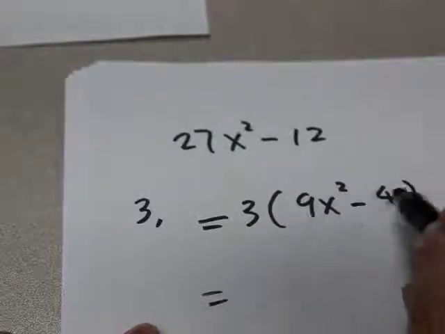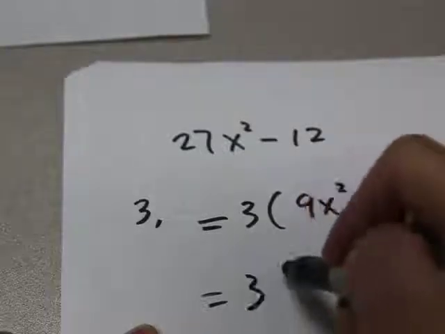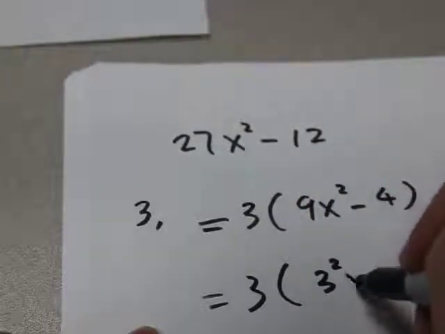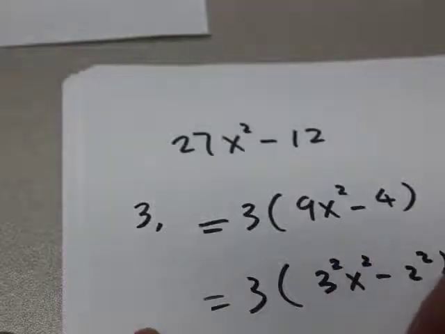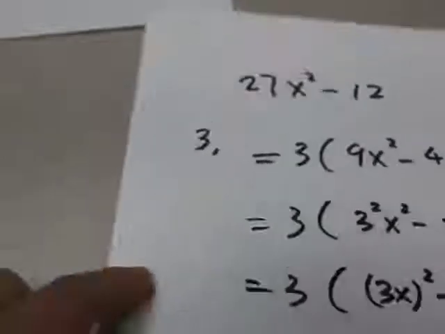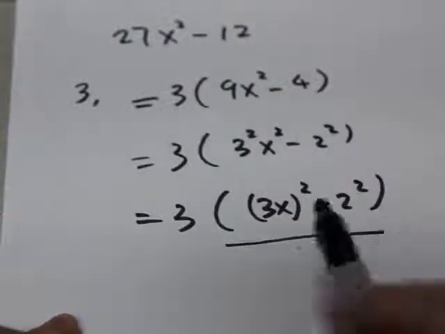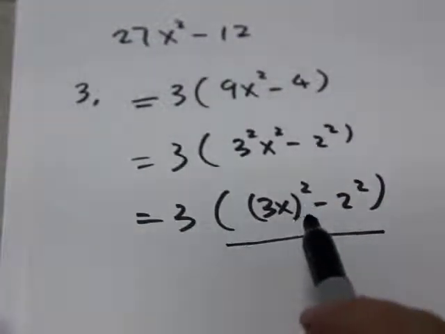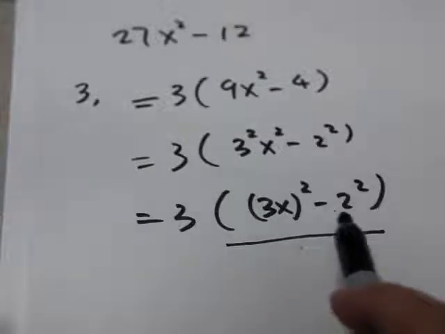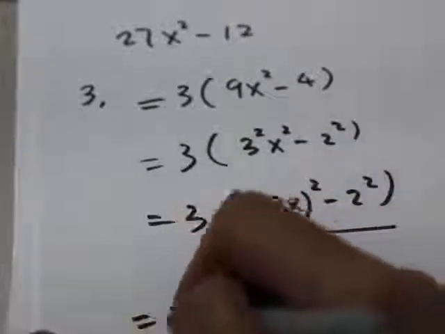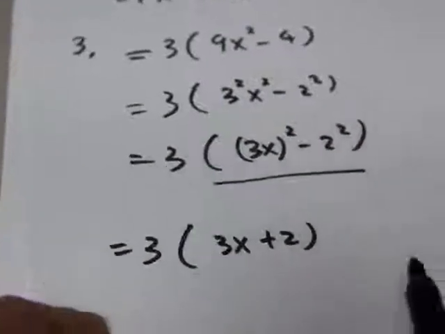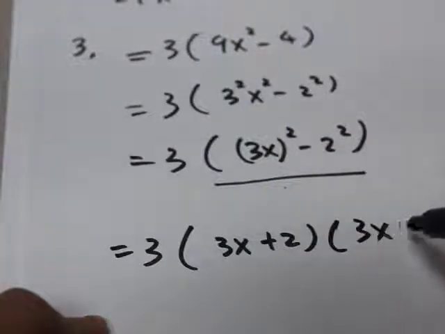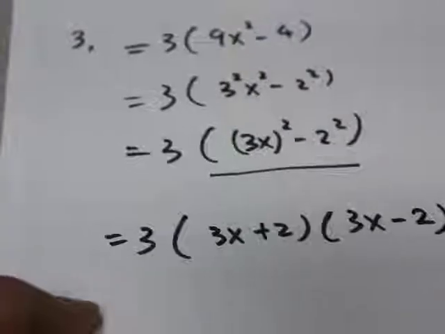Now, both 9 and 4 are perfect square numbers. So we can write this as 3 times ((3x) squared minus 2 squared). So we can use the difference of two squares formula to factor this binomial. And it will be 3 times (3x plus 2) times (3x minus 2).